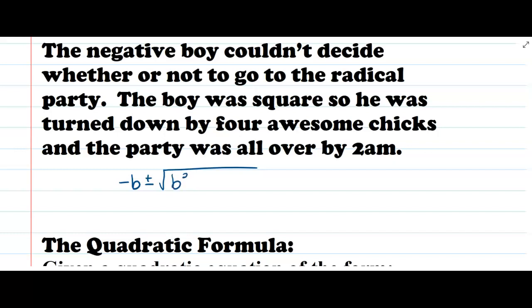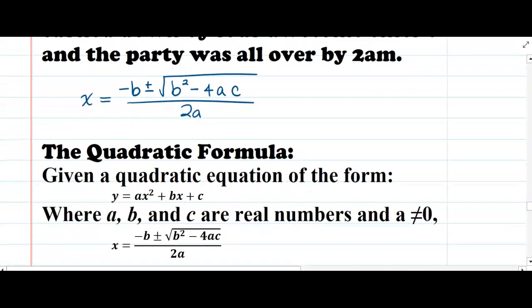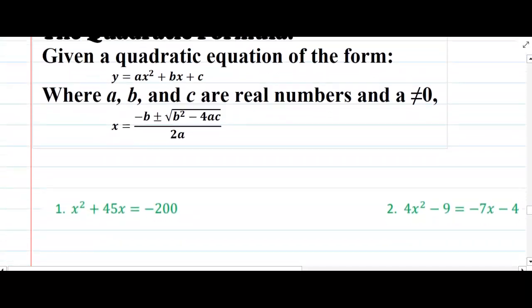The boy was square and was turned down, so negative 4 awesome chicks, 4ac. And the party was all over by 2 a.m. There's lots of ways to remember the quadratic formula. That's just one way. You can go on YouTube and find many, many other ways as well.